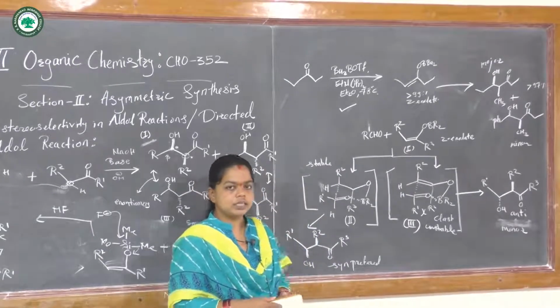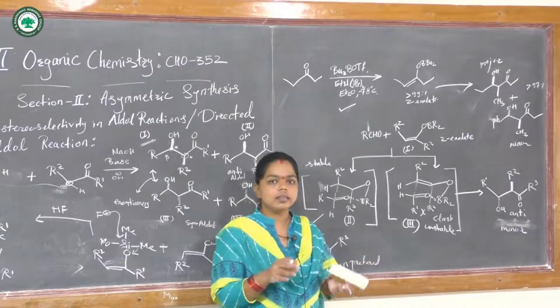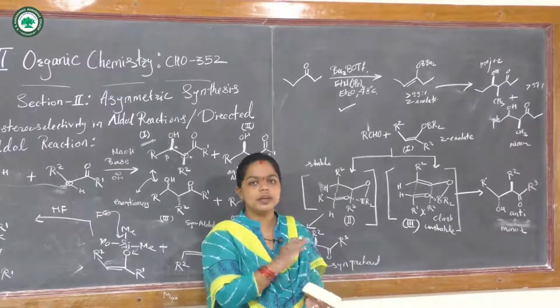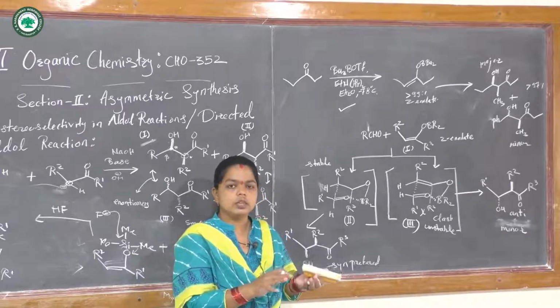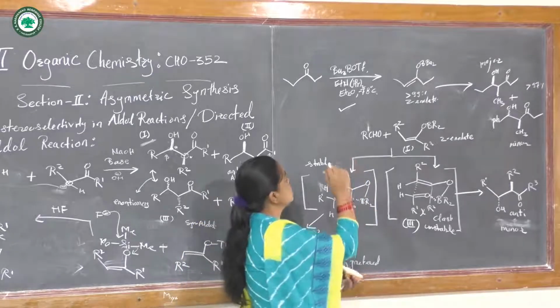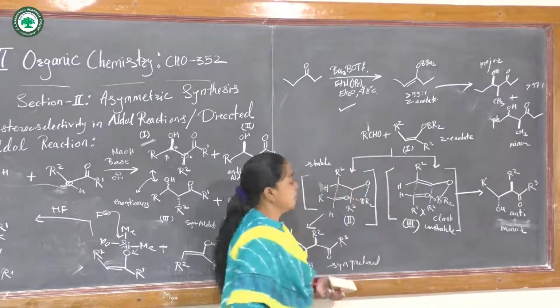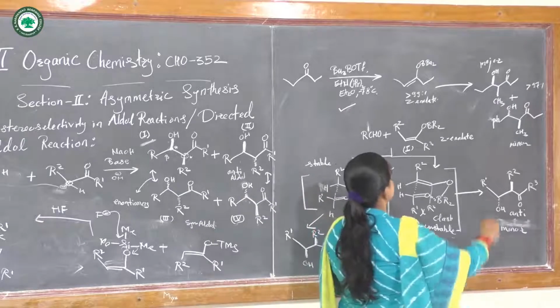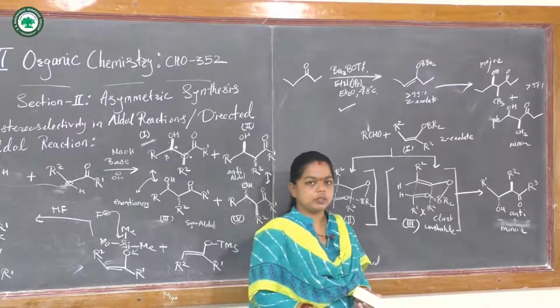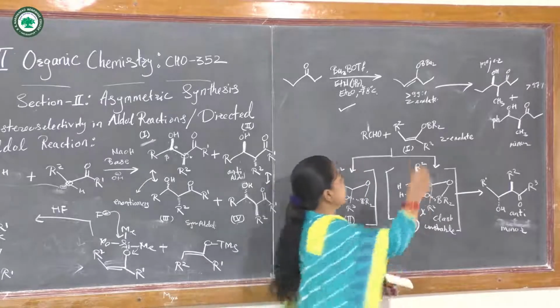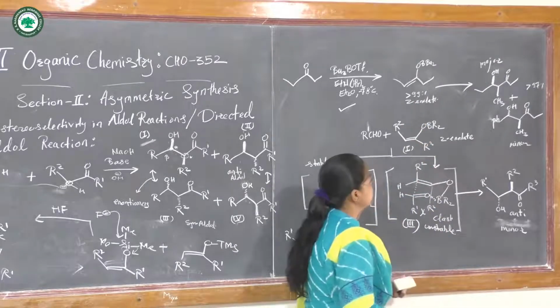In such a case, we get nearly 99% of the Z enolate formed. So selectivity for the Z enolate is higher when we use this type of boron compound, and we can synthesize the Z enolate as the major product in high yield, more than 99%.